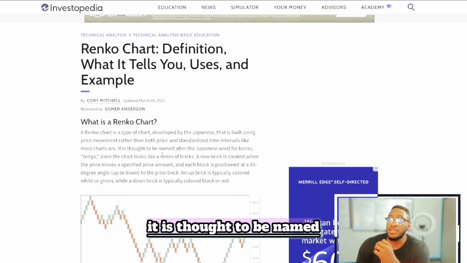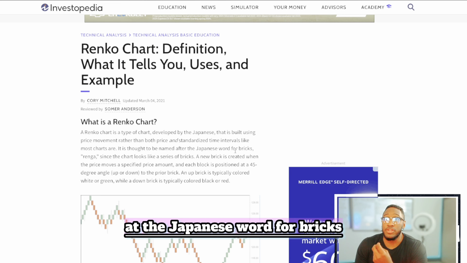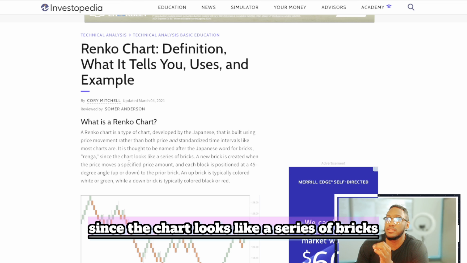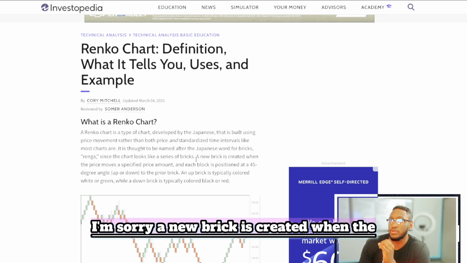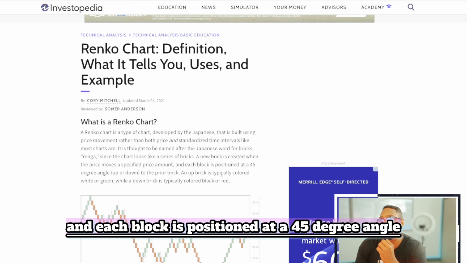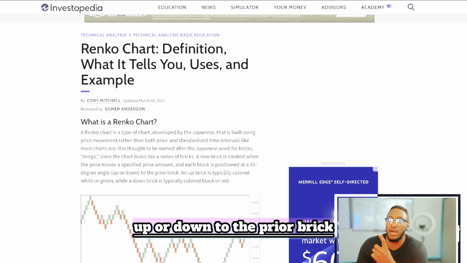It is thought to be named after the Japanese word for bricks, renga, since the chart looks like a series of bricks. A new brick is created when the price moves a specific amount, and each block is positioned at a 45-degree angle up or down to the prior brick.